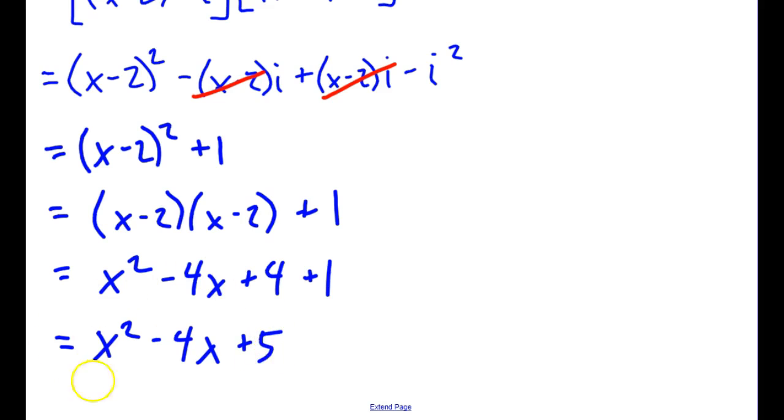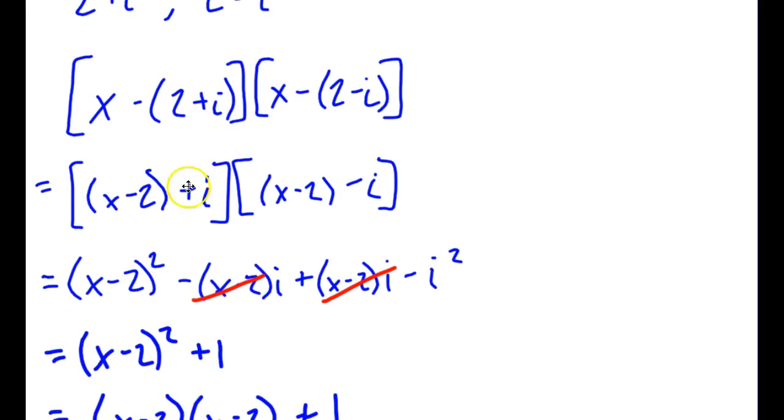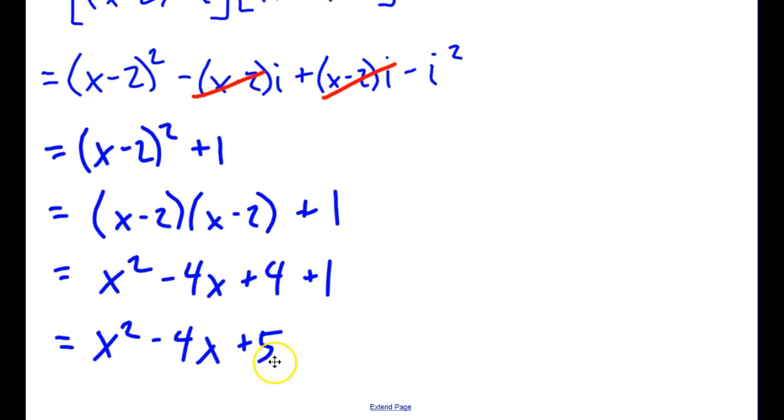This is a polynomial of least degree that we can write given that 2 plus i was a solution, and then we determined that 2 minus i would also be a solution. So given these two solutions, we can write them in factored form and multiply out, using a little creativity, to come up with a polynomial that seems pretty easy to work with: x squared minus 4x plus 5.